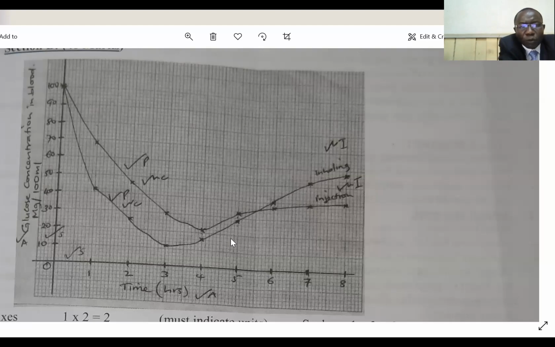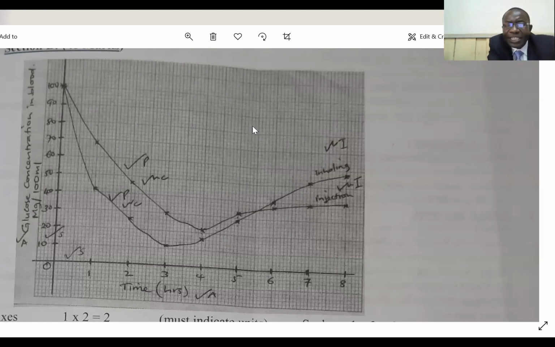Then from 20 to 30. So you can see the scale is uniform. There's no case in which you find that we are coming from 0 to 5, then 5 to 15. That one we shall call an inconsistent scale, and you will lose the scale mark. The moment you lose scale, you will lose plotting, and you will also lose everything.